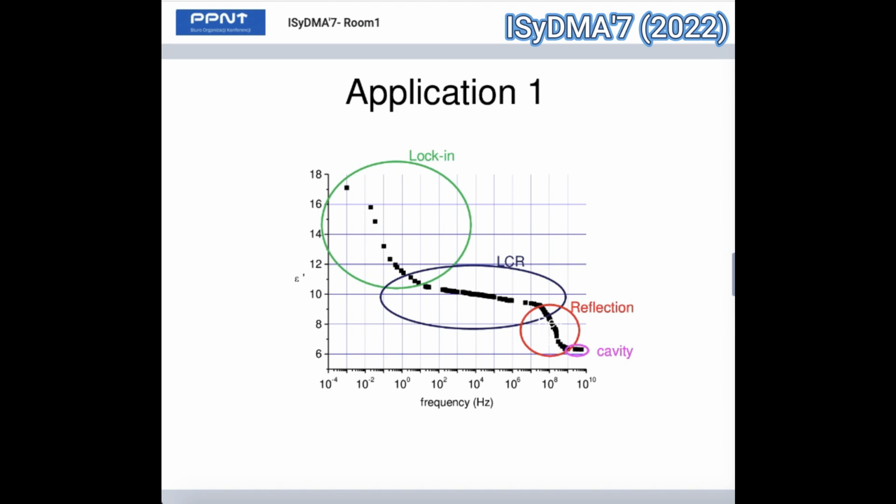In the low frequency regime, I used the lock-in technique, measuring the phase between the current and the voltage applied to the sample. Using this technique, you can also calculate this epsilon prime. So we see here in low frequencies this first relaxation. In the intermediate frequencies, I use the LCR meter. In this regime, I use the reflection coefficient technique.